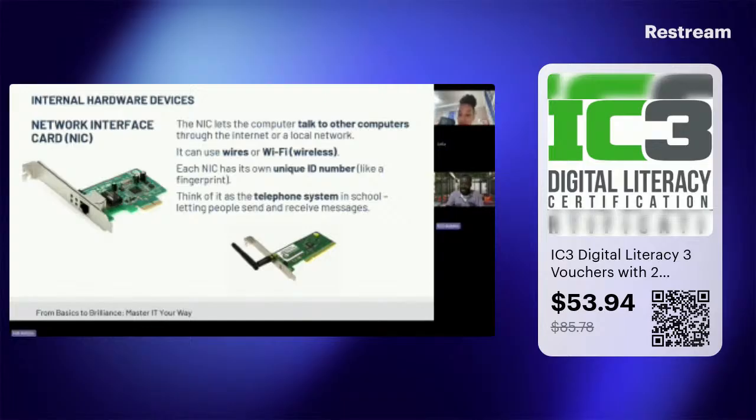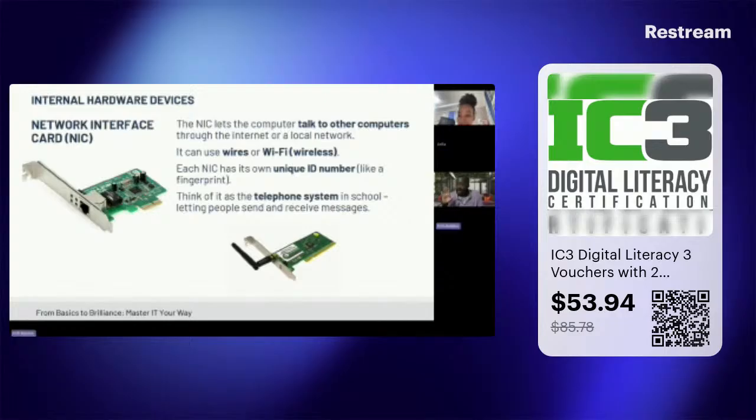Each NIC has its own unique ID number, like a what? A fingerprint, which I said the MAC address. So there is nowhere on this planet Earth that you have a network interface card with the same ID. Just like human beings, we don't have the same fingerprint.